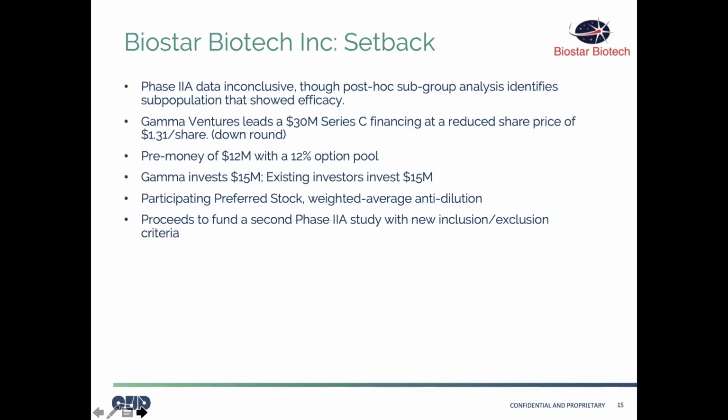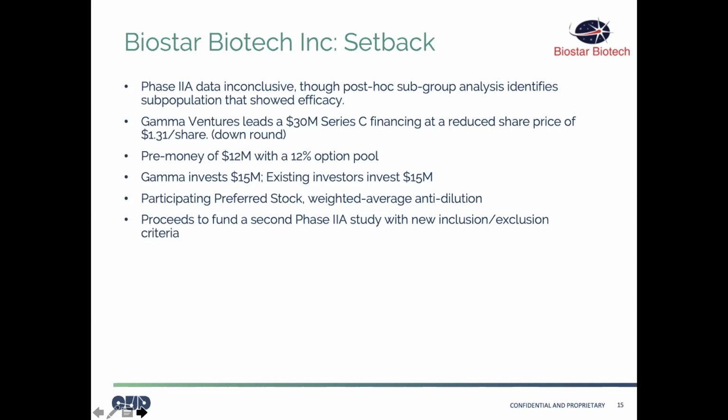Gamma said, this is a higher risk now that we're in Series C and we're doing this restart. So we'll invest 15, but if we're going to do 15, we require the existing investors to invest 15 and split this and share the risk with us. It's a participating preferred stock once again.